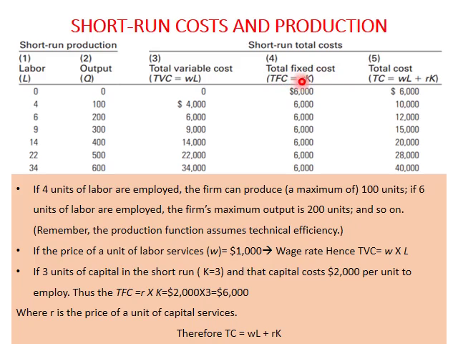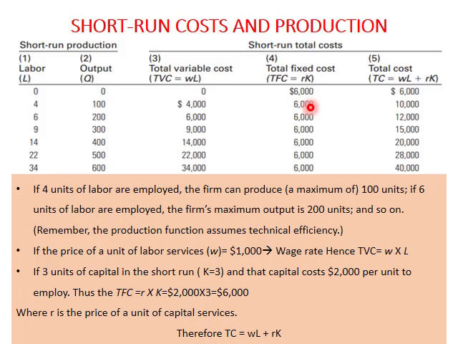And here the total fixed cost equals R times K. K is capital, and R represents the price of a unit of capital service. So we multiply R with K in order to get the fixed cost.